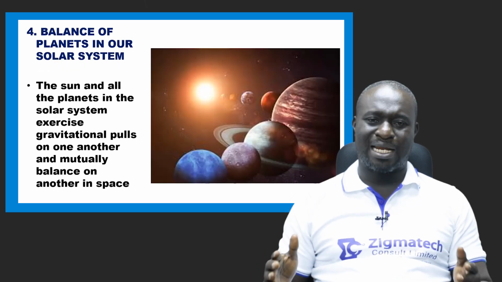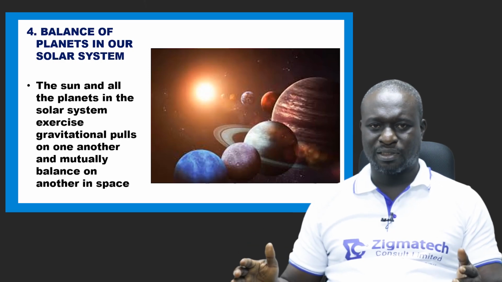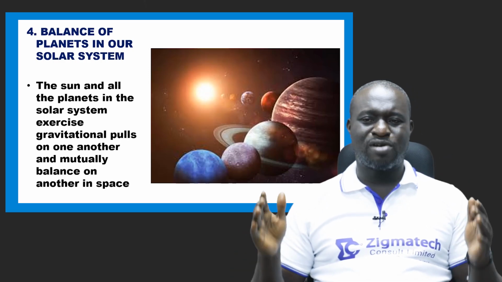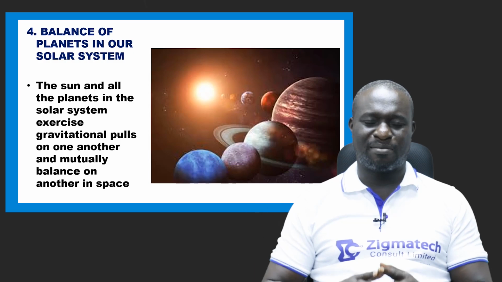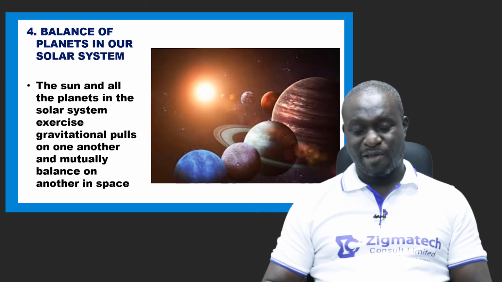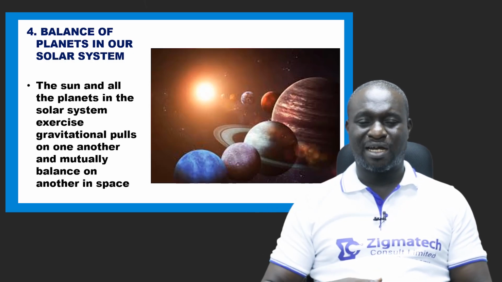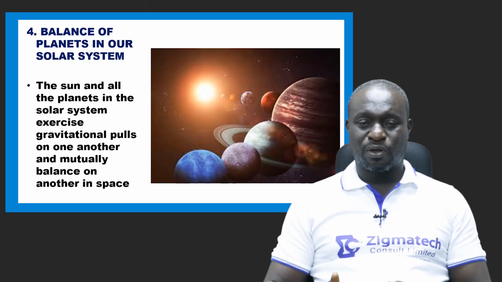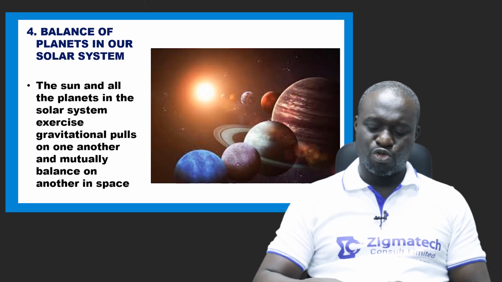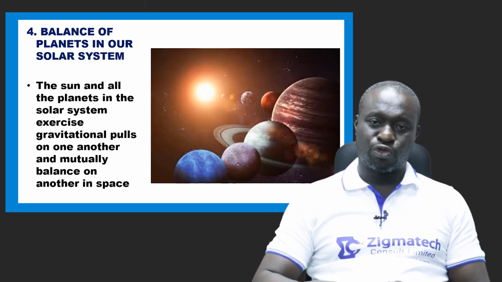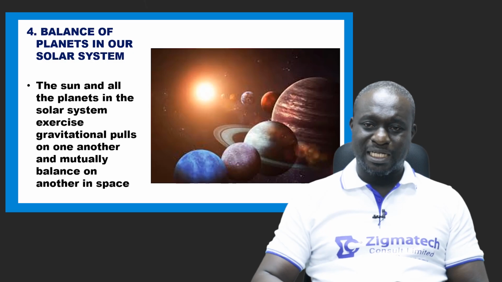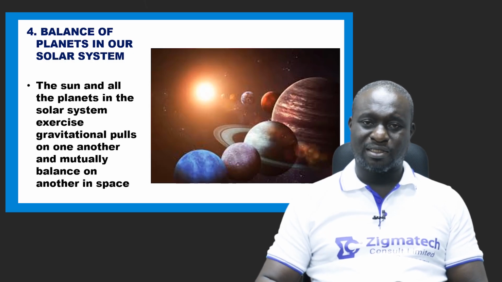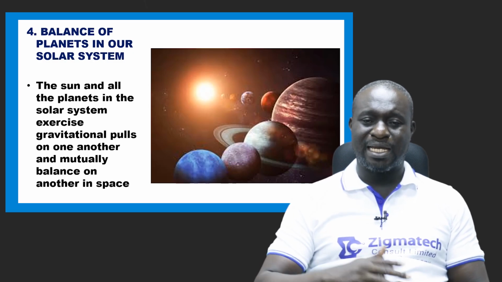Next is balance. So balance of planets in our solar system. Remember, we also said, if you could check some of our videos, mostly our videos on Earth and space, we mentioned something about revolution. We also mentioned rotation. Now, the Earth rotates around its own axis, of course, which brings about day and night.